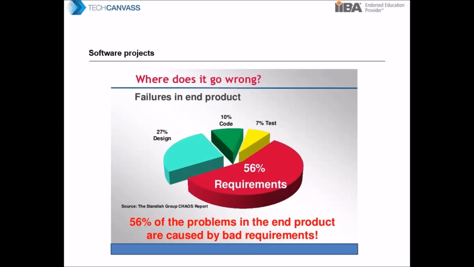That means requirements understanding itself is a big problem, and that is one of the primary reasons for projects to fail. So when we are looking at any of the methodologies which cater to software development, it has to understand and address this issue of not understanding the requirements correctly.